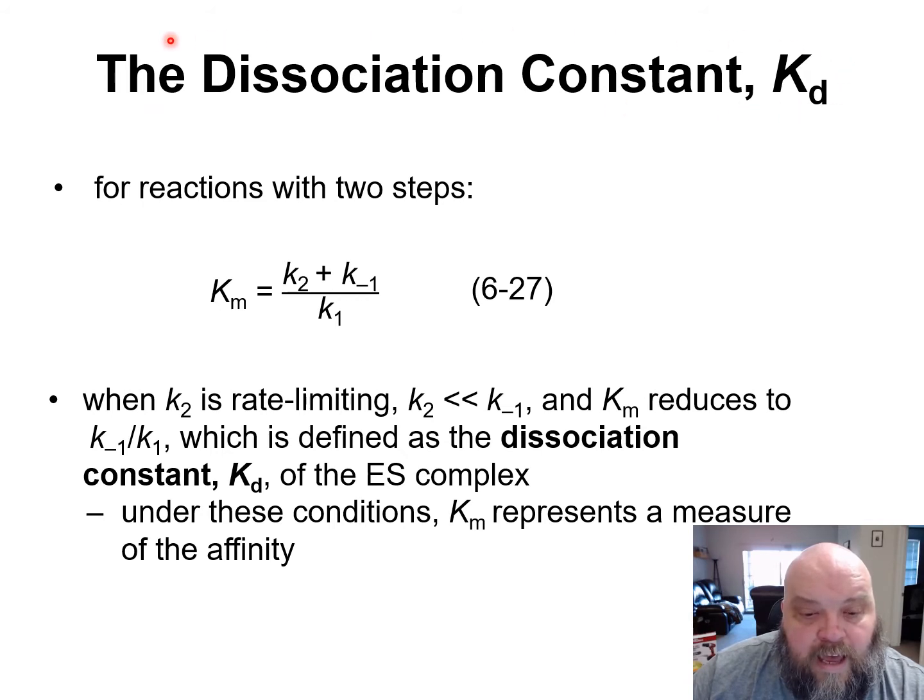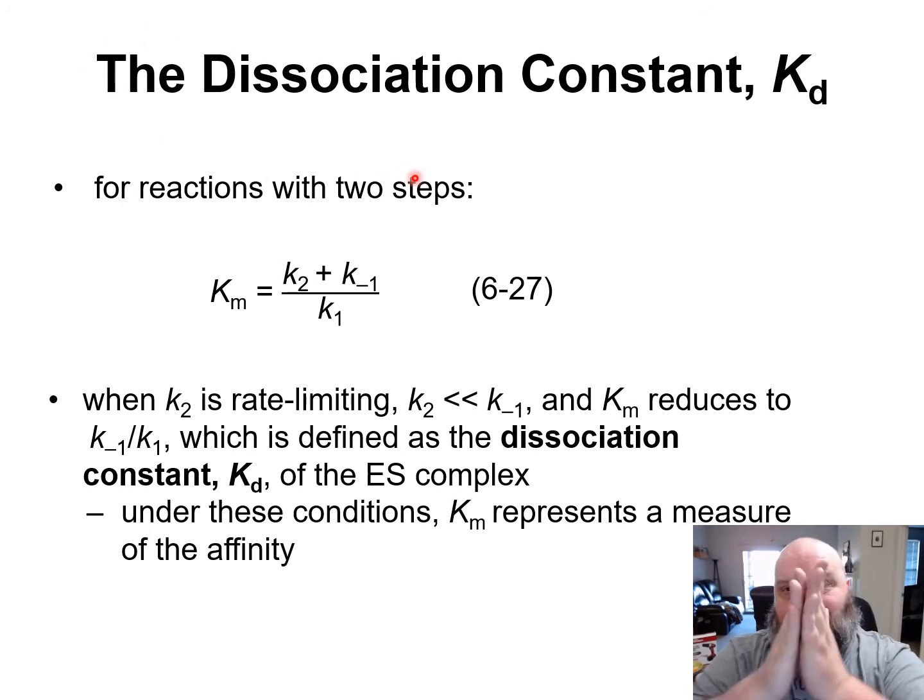again, we have a dissociation constant, like we talked about in chapter 5 when we were discussing hemoglobin, myoglobin interaction with oxygen, and we were looking at how tightly protein and ligands are going to bind to each other. Well, we have to have a dissociation here.